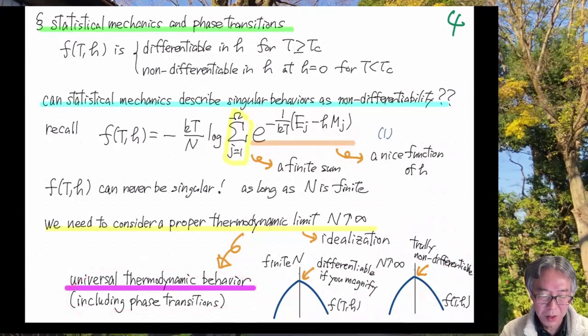So that is what we are going to do. We will consider the thermodynamic limit, which is one of the idealizations, and try to justify this kind of behavior. This is one of the basic things that we want to prove in this mini course.